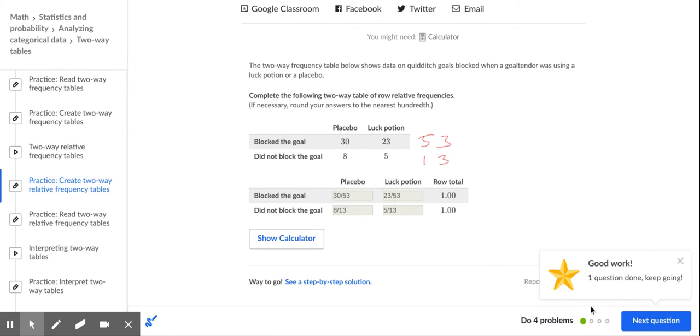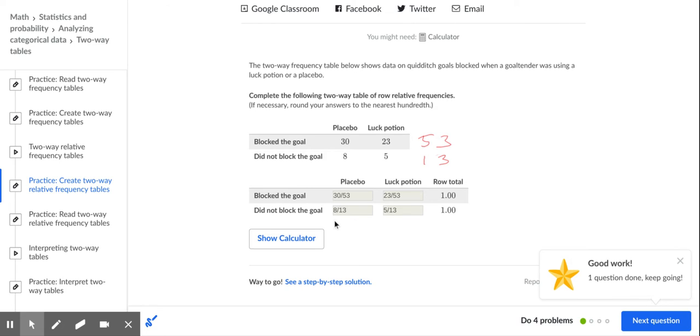Anyway, so that's how that works. You're basically just taking this number, dividing it by this number, and where they put these ones tells you which direction to do the adding. So this is the percent of not blocked goals that were placebo, the percent of not blocked goals that were luck potion.